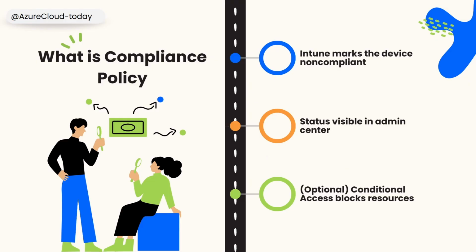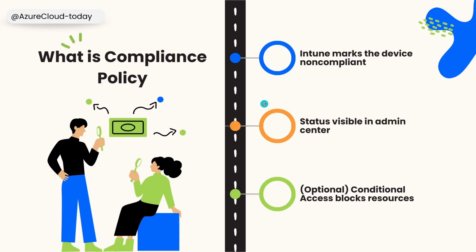A compliance policy is a rule book. Over here, the IT admin writes these rules, and Intune then checks these rules against every enrolled device in Microsoft Intune. If these checks pass against the device, then the device is marked as compliant in green, or else it's marked as non-compliant in red.